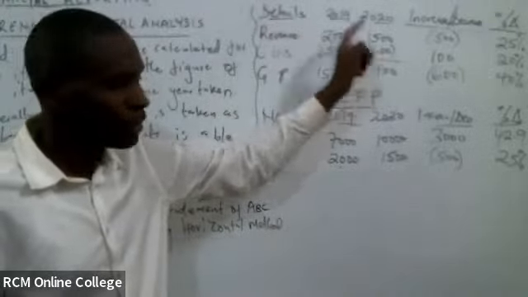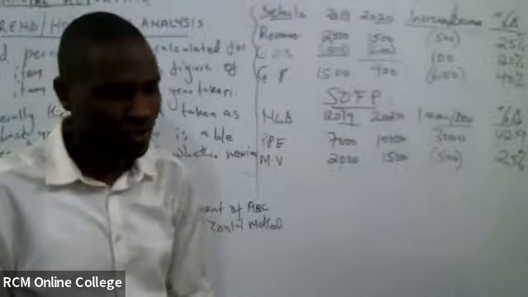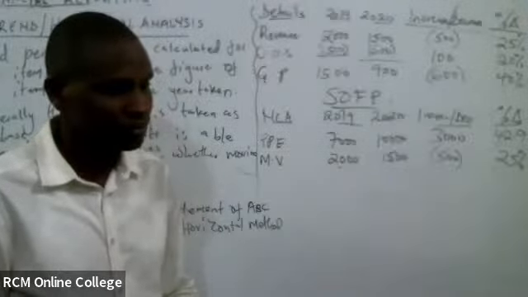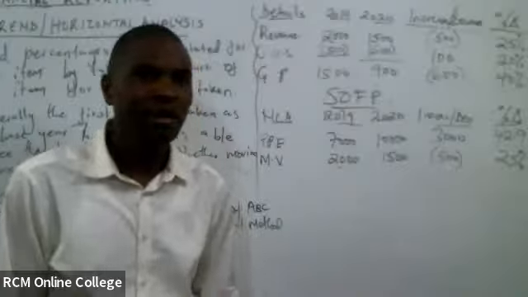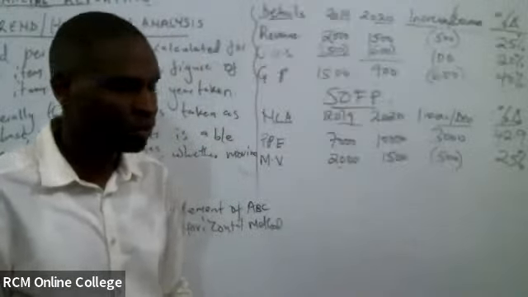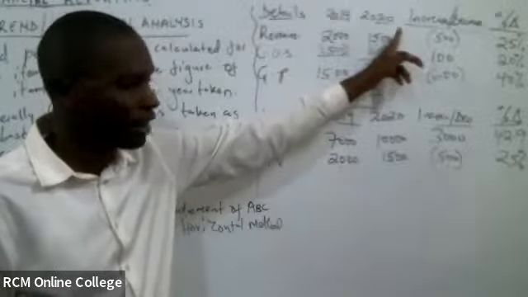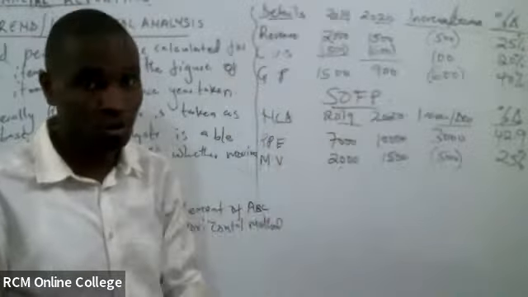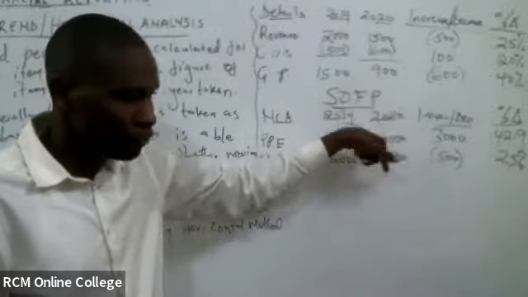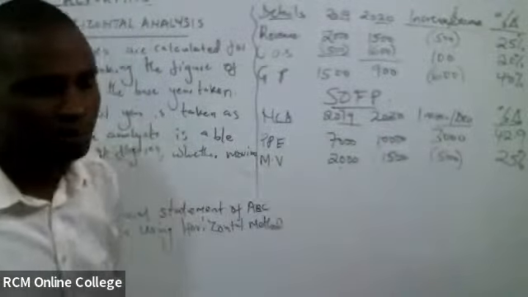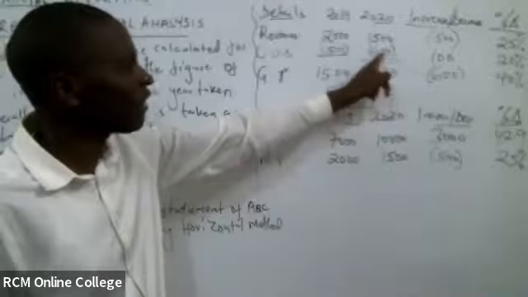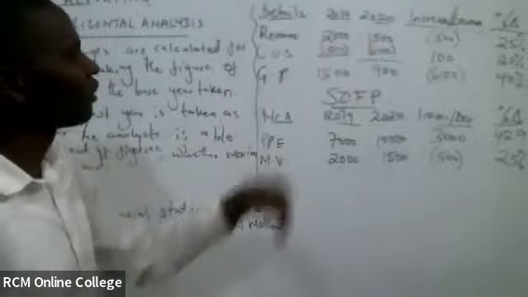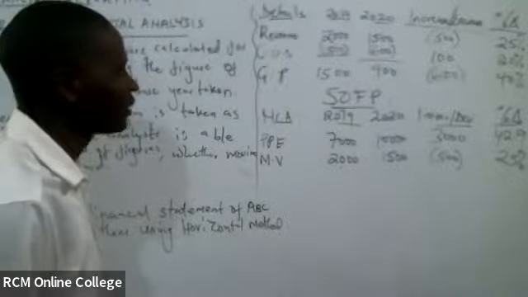Now in 2020, the cost of sale went high to 600. So they were not able to manage their cost of sale. If they found that revenue had decreased, they could have regulated or managed their cost of sale in order to make sure that the profit at the end is not much affected. Because this will affect the total profit that we shall get at the end of the day. And that's why you see even the gross profit is down there.